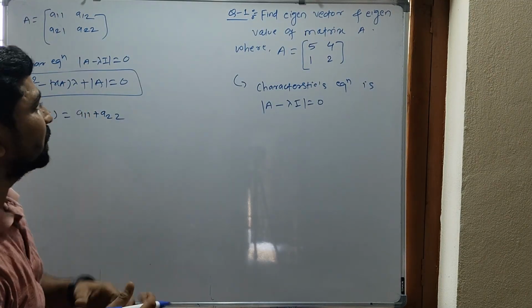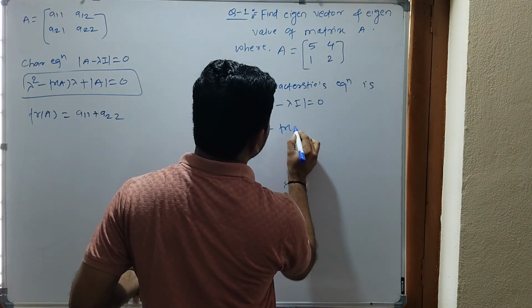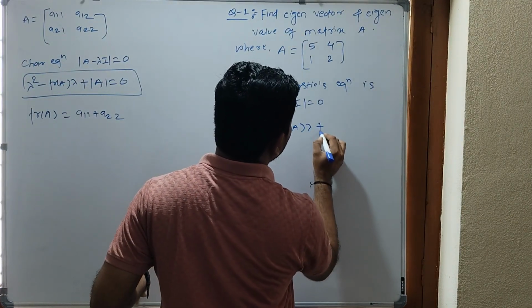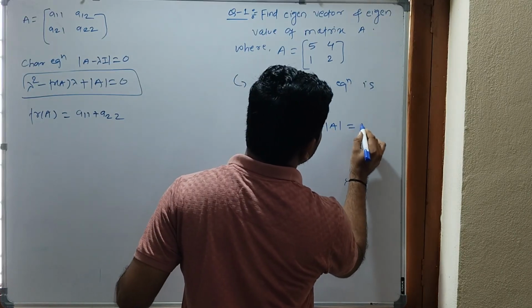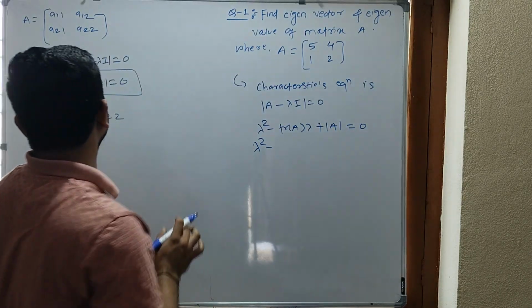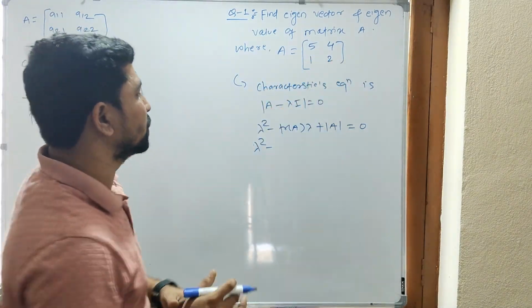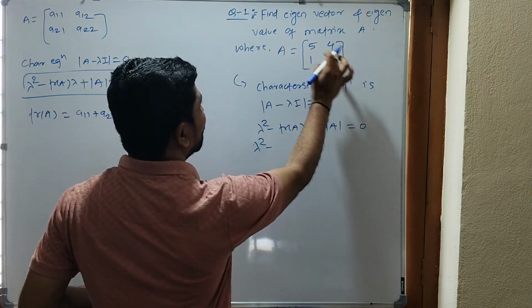So I am using this: lambda square minus trace of A into lambda plus determinant of this matrix, equal to 0. The trace means the sum of the principal diagonal elements, A11 plus A22, that is 5 plus 2.